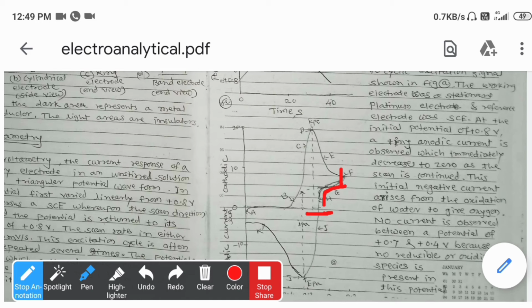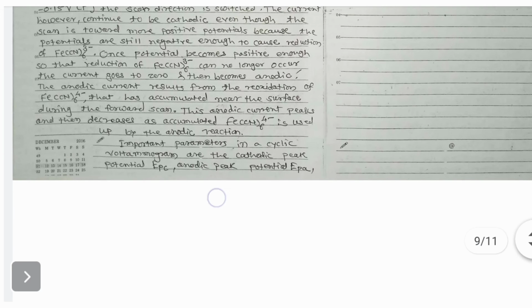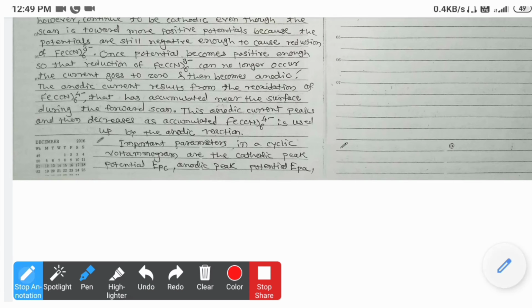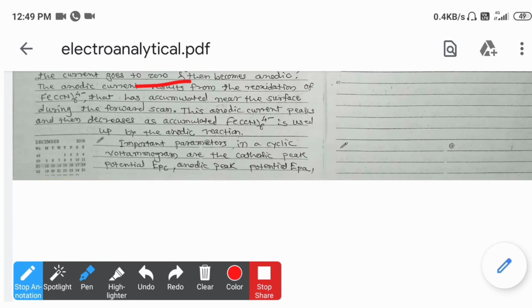Okay, and from 0.7 to 0.4 volt we get a constant zero current. Okay, constant zero current. So once the current has reached the zero value, the anodic current starts, which results from the reoxidation of the reduced Fe2+.